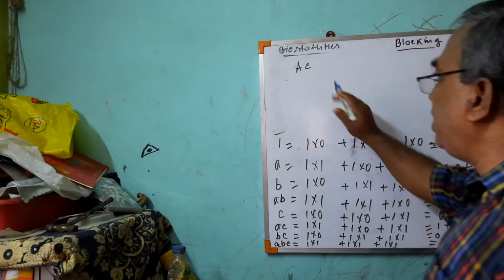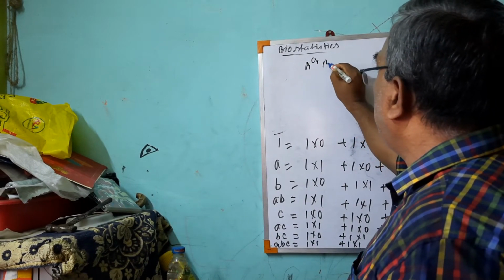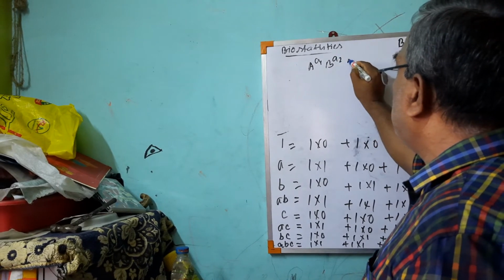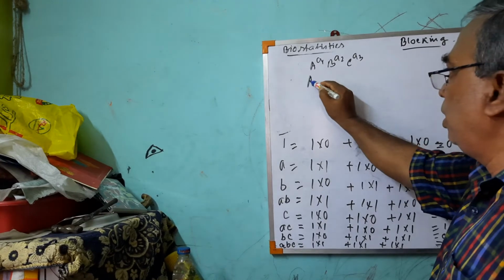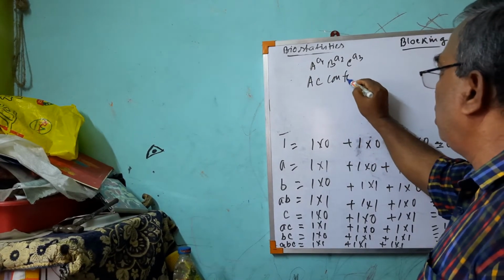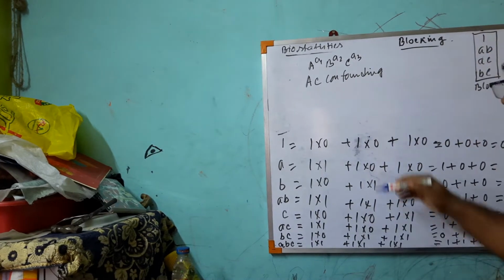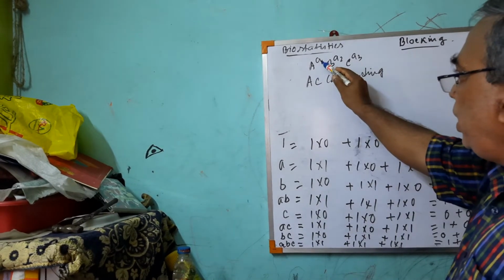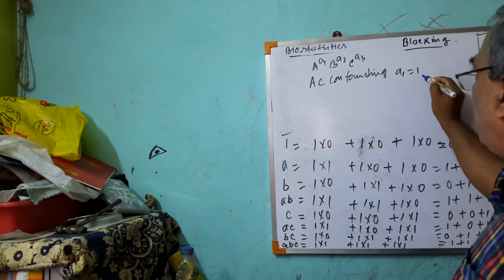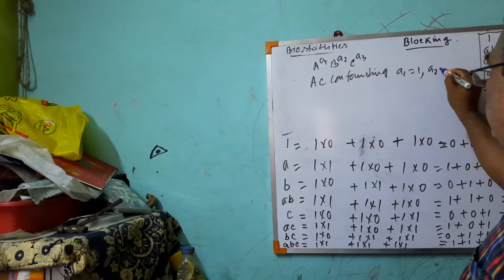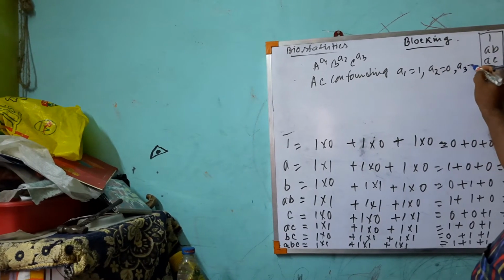Then in case of AC, that means A to the power a1, B to the power a2, C to the power a3. To get AC confounding, we put a1 equal to 1, a2 equal to 0, and a3 equal to 1.